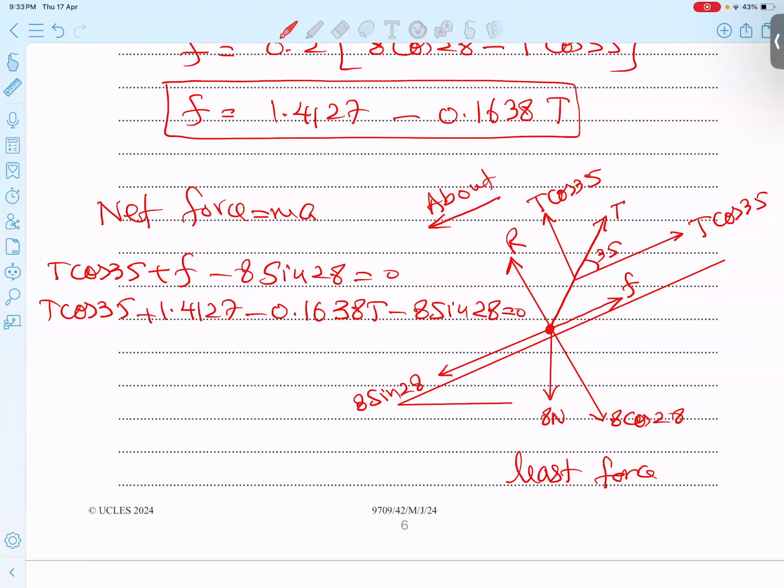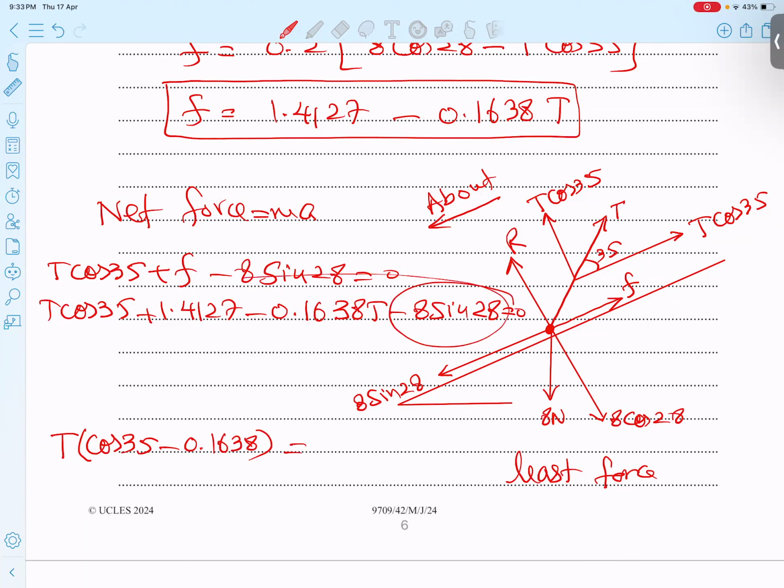Now I'm going to finalize this T and this T. I'll keep it here and I will take T common out. Wait a minute. Cos 35 and negative 0.1638. What happened? I have taken T common out, and this cos 35 and this will stay in the bracket.